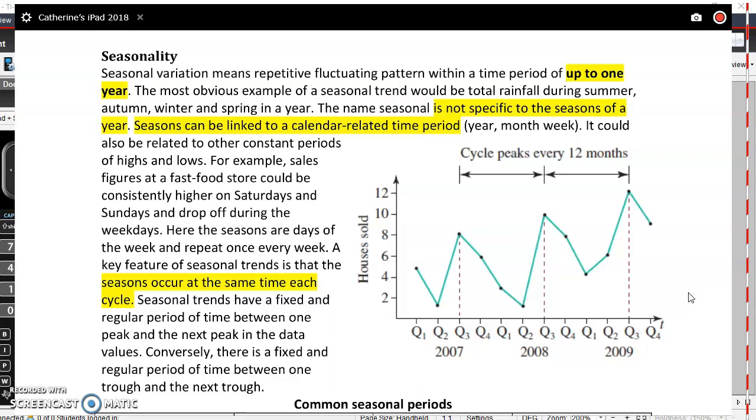So we can see here that quarter 1 starts up there, then goes down to quarter 2, quarter 3, rebounds a bit, and then goes down to quarter 4. Then in this next year, again it goes a bit down in quarter 1, but then it follows this same pattern.